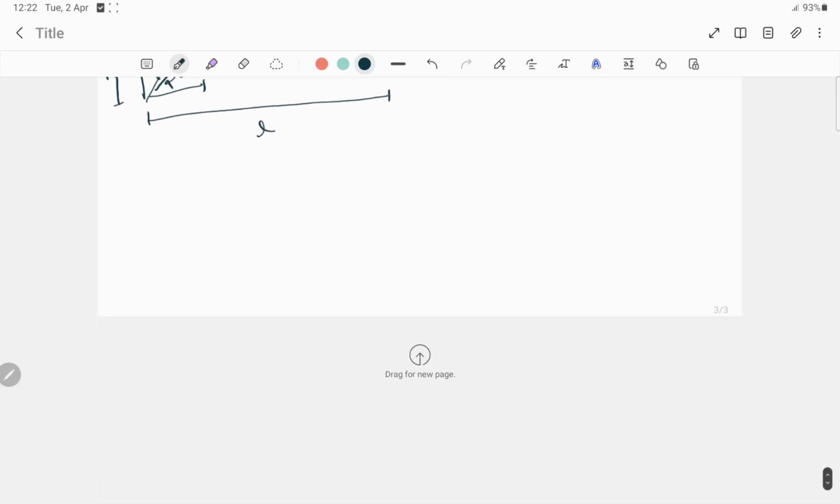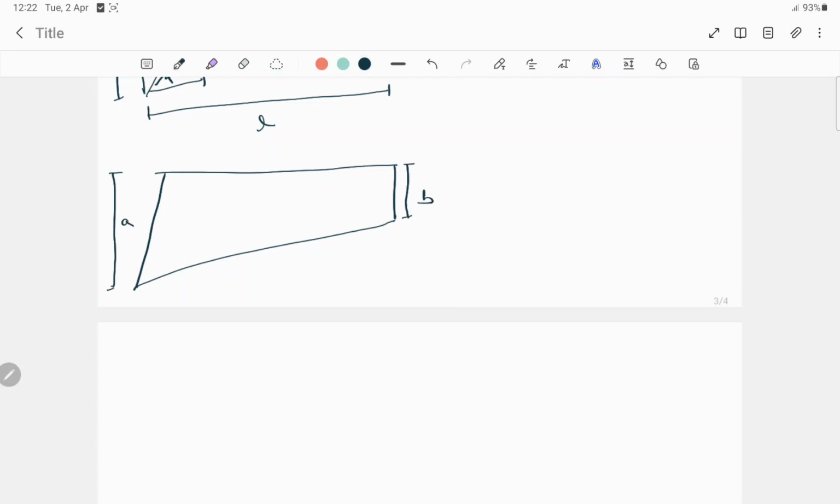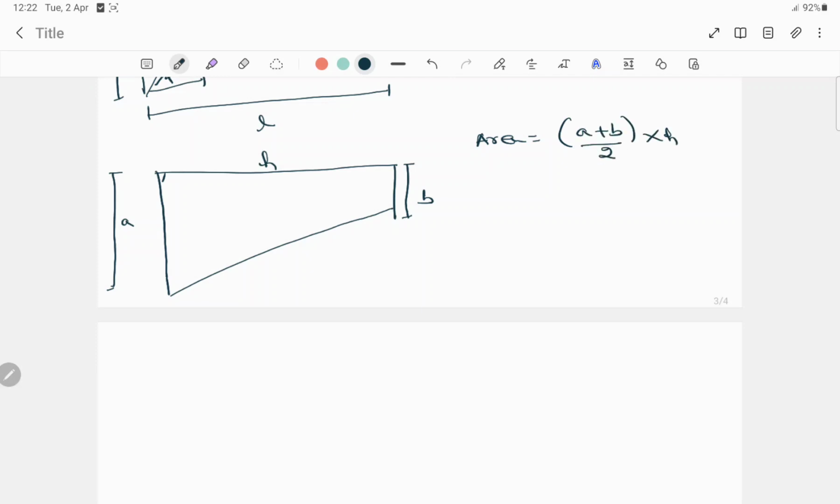And the last thing is, if our bending moment is like this, then we'll consider this as B and this as A, and this is H. To find the area, the formula is A plus B divided by 2 into H. And to find the CG distance, the formula is A plus 2B divided by A plus B into H by 3.